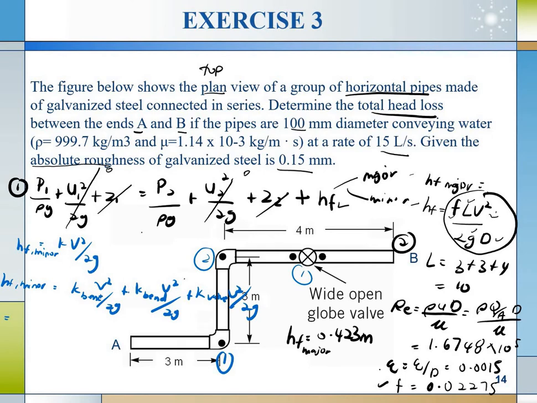So these two, because they are the same, we can write like this: 2K bend V squared over 2G plus K valve V squared over 2G. So K bend is 0.9.